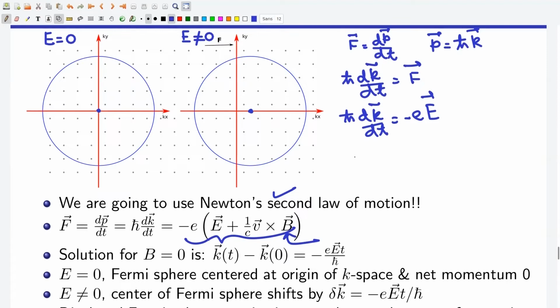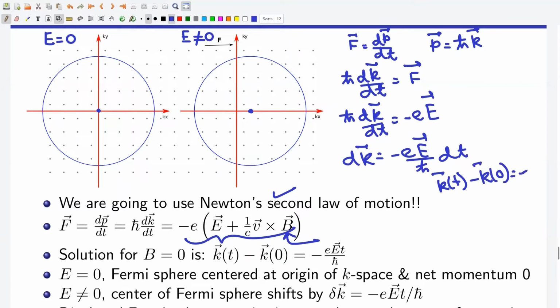We just rewrite this as dk = -(e/ħ) E dt, and then we can write the solution as k(t) - k(0) = -eEt/ħ.